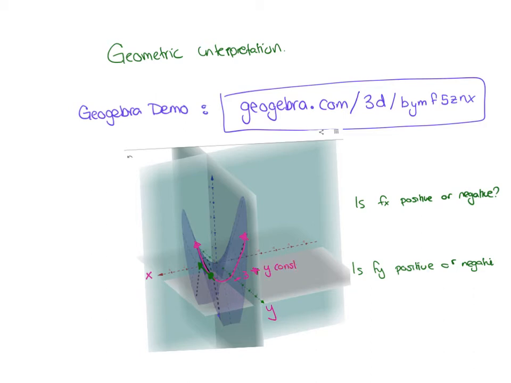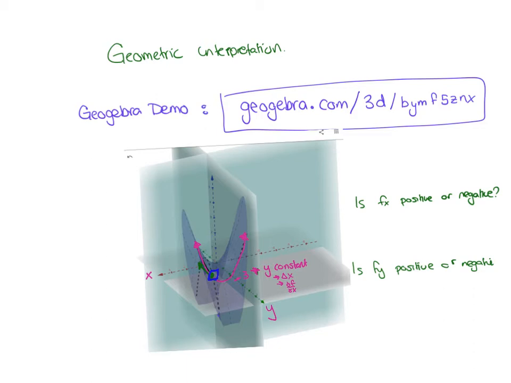Since y is a constant, that means I'm looking at the change in x. So I'm looking at my partial derivative of f when I'm changing my x. X is changing, but y stays the same. And if I look at my slope at this specific point A, it's kind of hard to see, but there was a specific point A noted here. If I'm moving in that x direction, the function is going up.